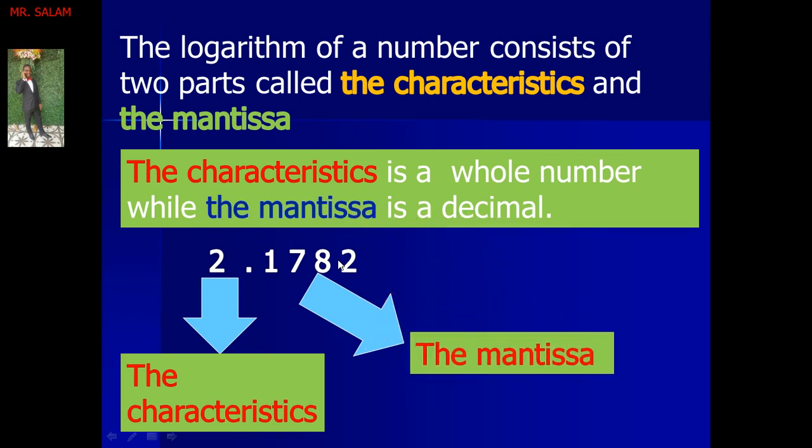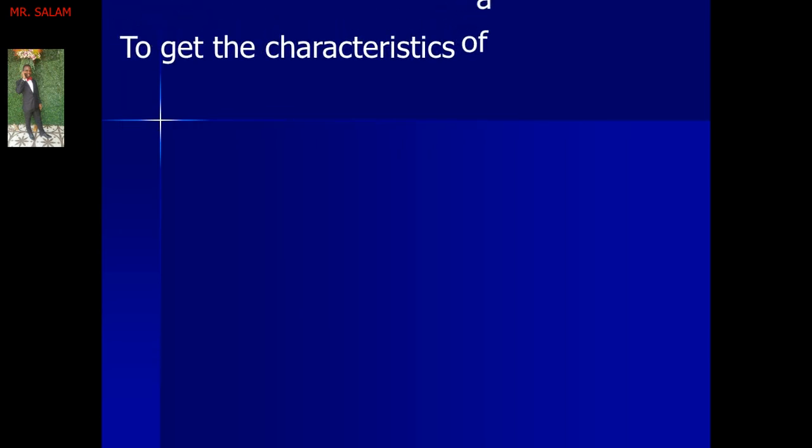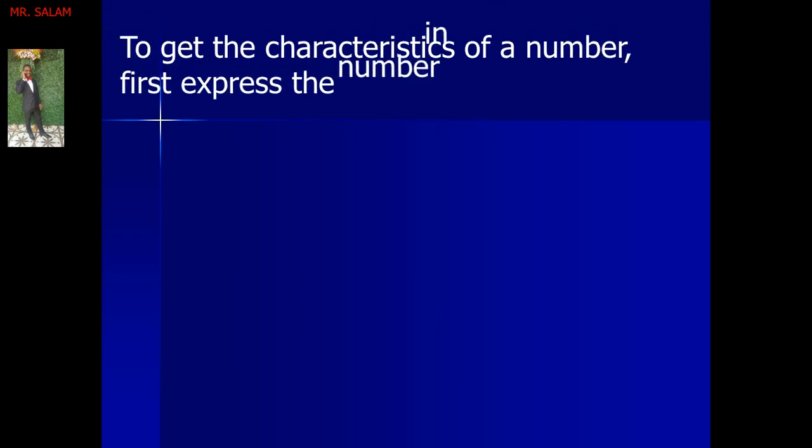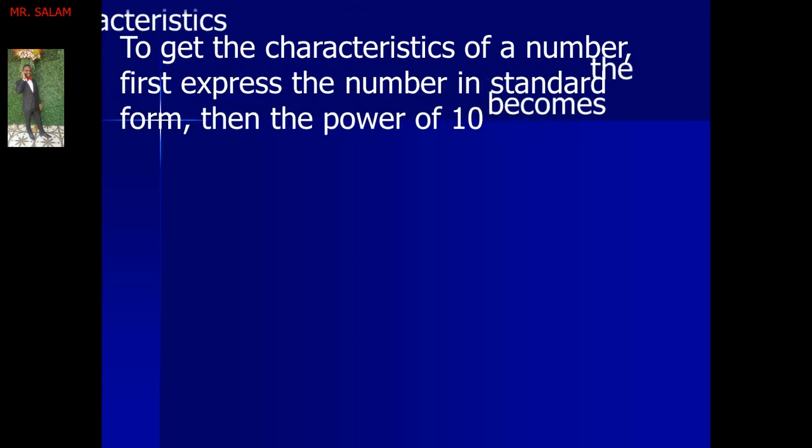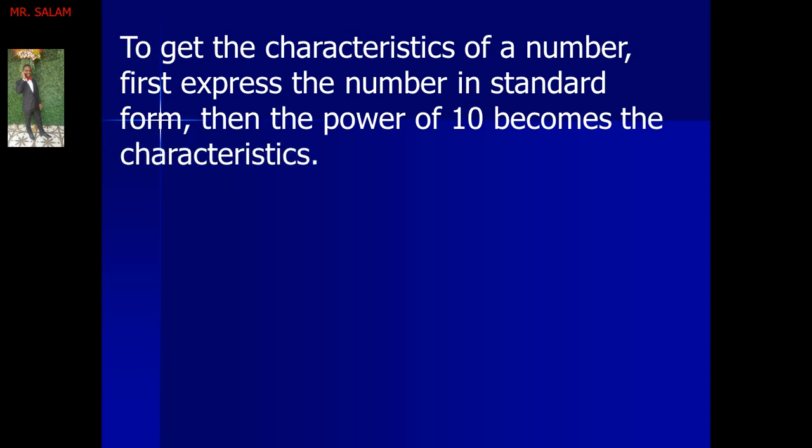Now let's see how we can actually determine the characteristic of a logarithm. To get the characteristic of a number, first we can express the number in standard form. Then the power of 10 becomes the characteristic of the number.